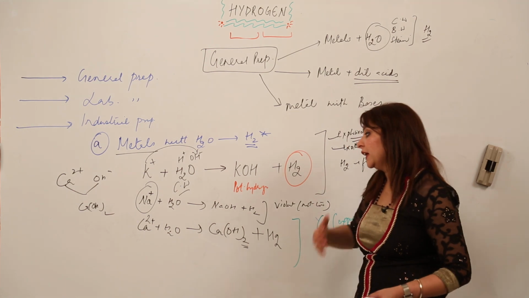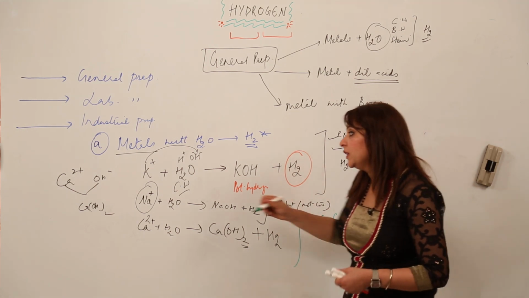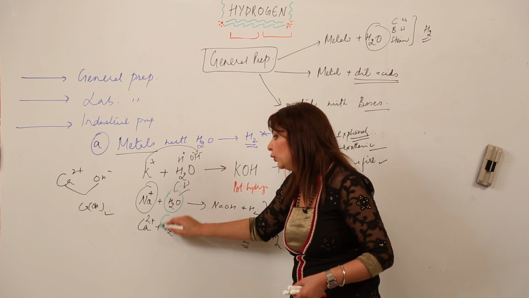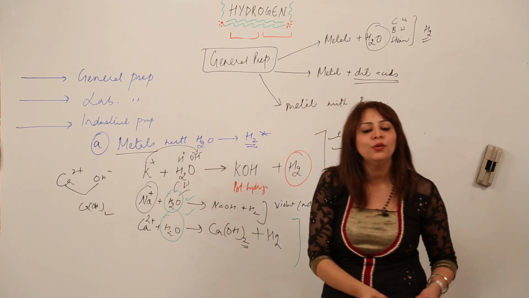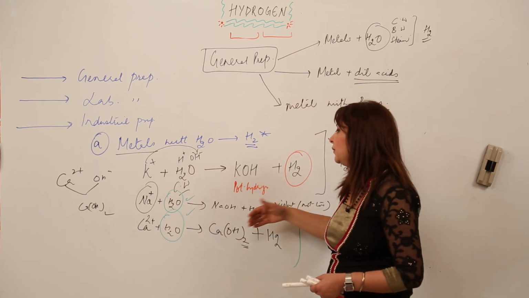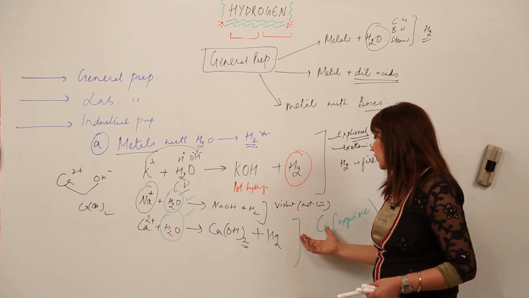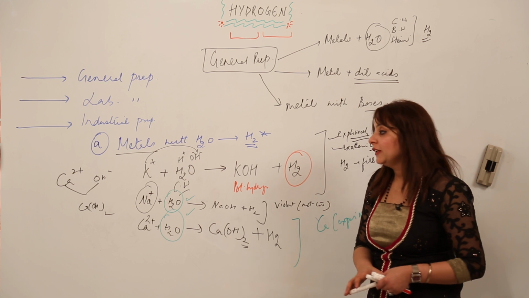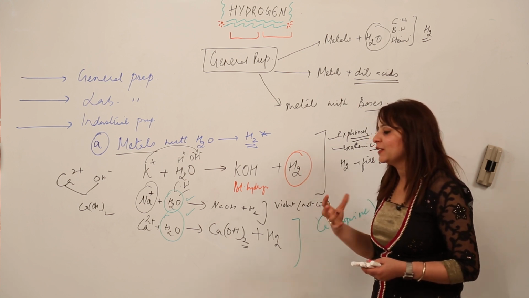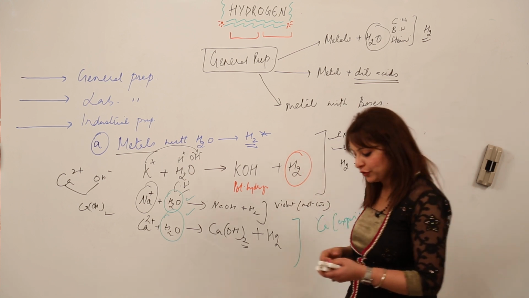Again, sodium, potassium and calcium all react with cold water, but still it is of no use, because potassium catches fire and is violent, and calcium is expensive. So these metals do not serve as a better method for preparing hydrogen.